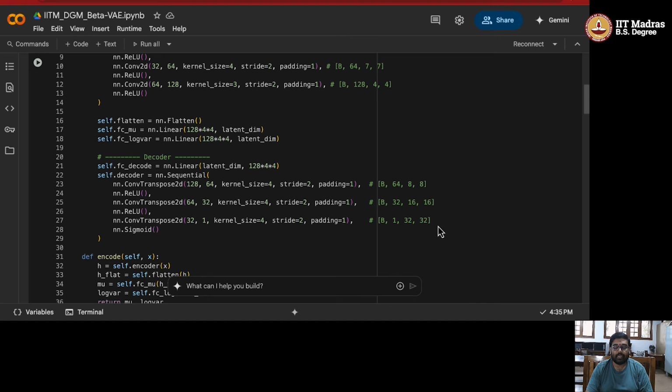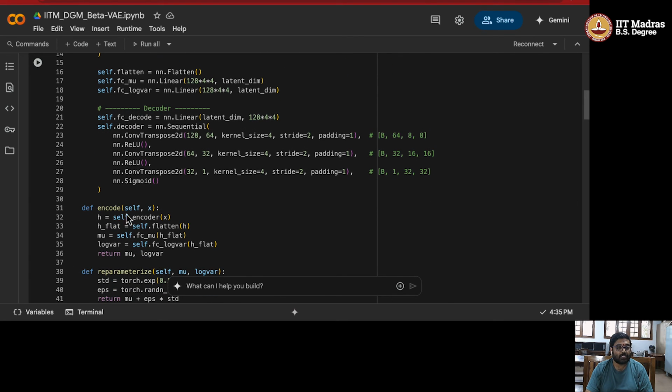You finally get only 28, 28. Okay. Because that is the standard size of MNIST, right? Now, post this decoder, which is the transposed convolution that we have, you get it to 1, 32, 32, and then from there you only take 28, 28. You only take 28 columns.